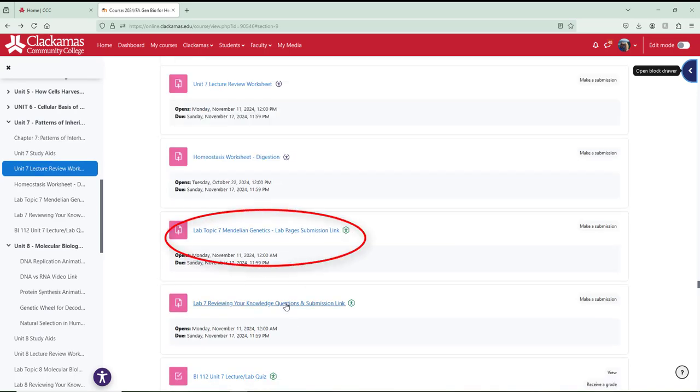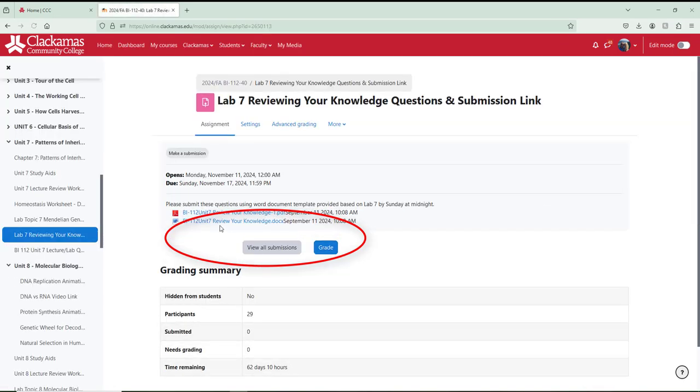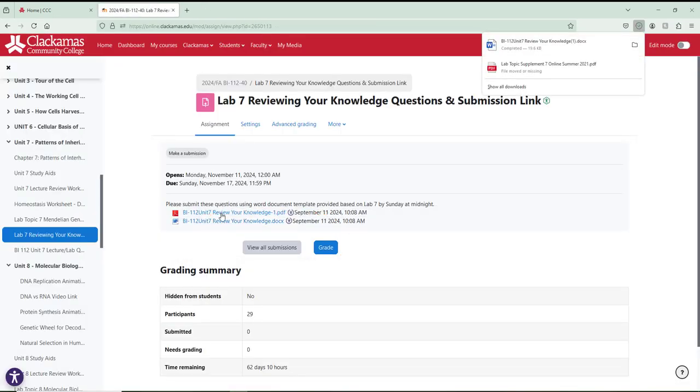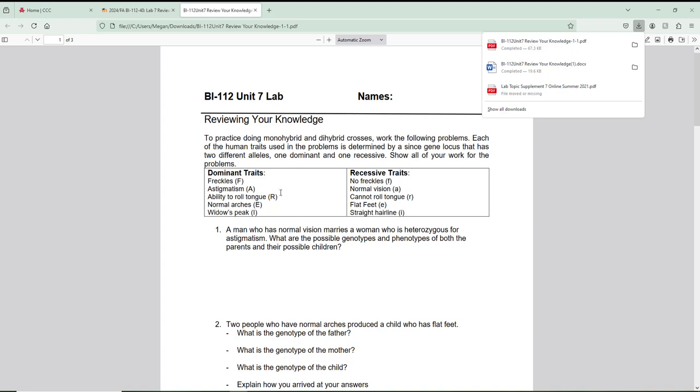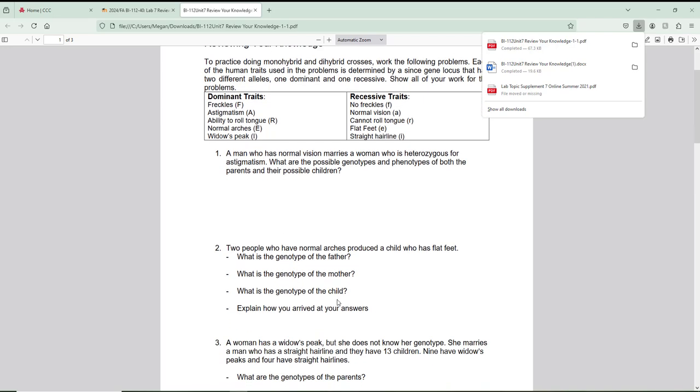If we take a look at our reviewing for knowledge, oops, wrong one, this one, just realize that our dominant traits are capital letters, and we give you the letters that we want you to use, and then the recessive traits are the lowercase letters over here, and then you're going to answer the questions, okay?